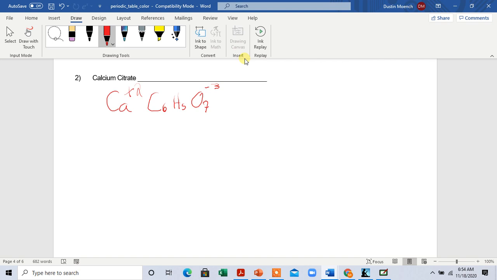Okay, so we need to think, these aren't balanced. +2 and -3, there's more minuses than pluses. What could we do to make sure they're balanced if we add more atoms of either one? Well, let's add another atom of calcium. So Ca2, C6H5O7. So this would now be +4 because we have two of these, two in each are +2, so +4, -3.